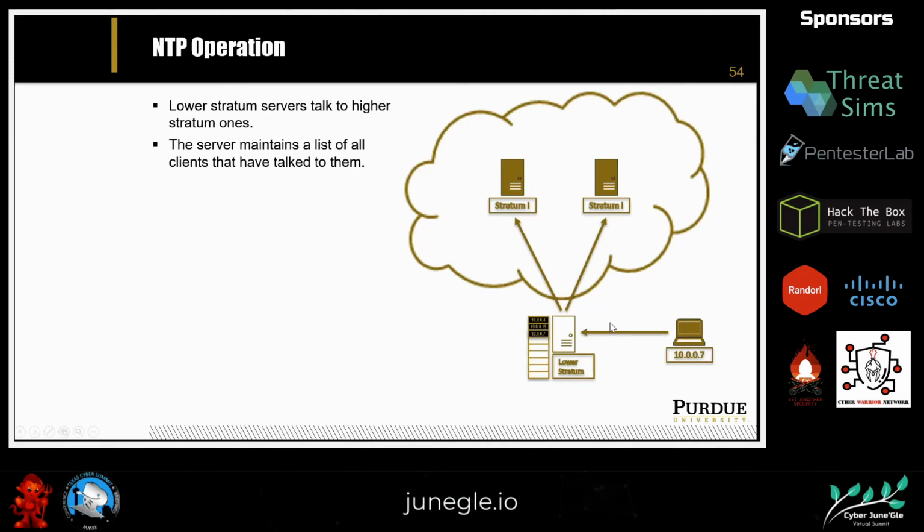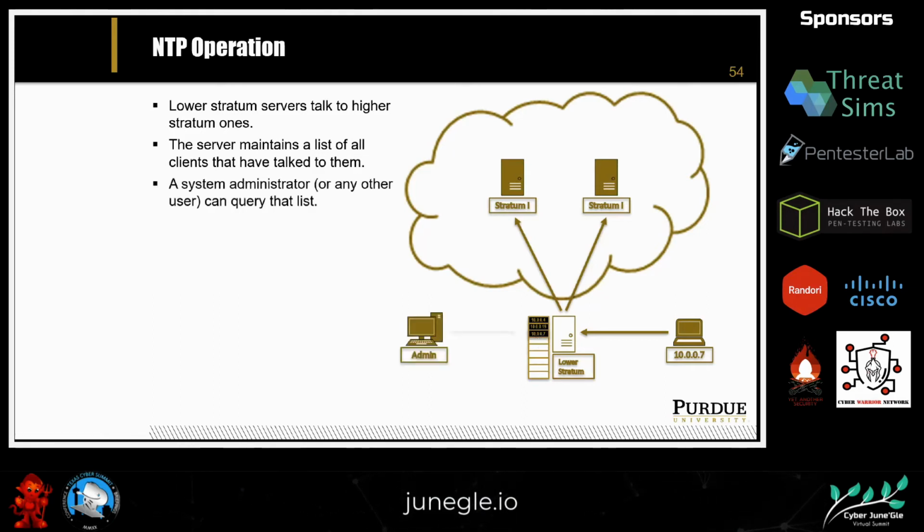Now, what's going to happen is that historically, if you have an entire organization and many people querying this NTP server, if you want to take it down for maintenance, for example, it's going to be very helpful for you to know what IP addresses have been querying this server, just so that you know who is going to be without time for the duration of the maintenance.